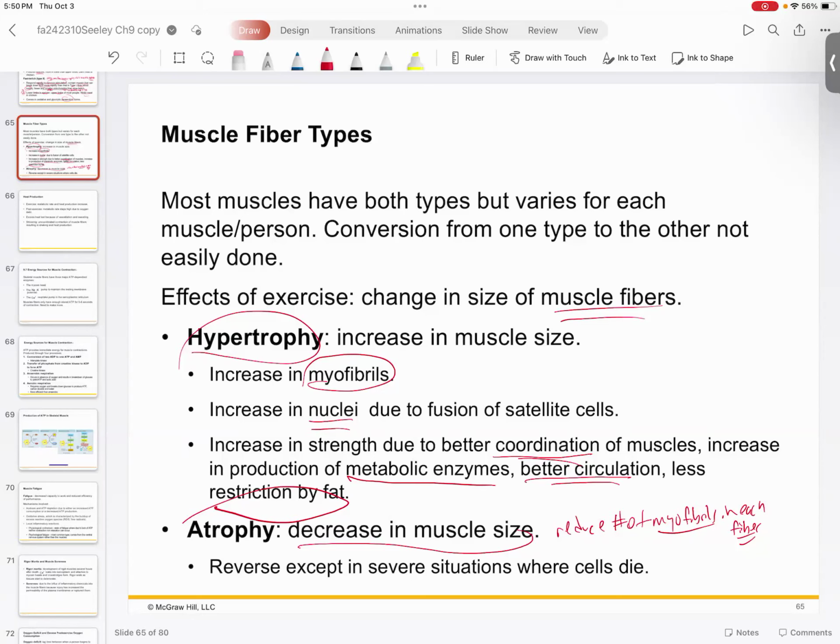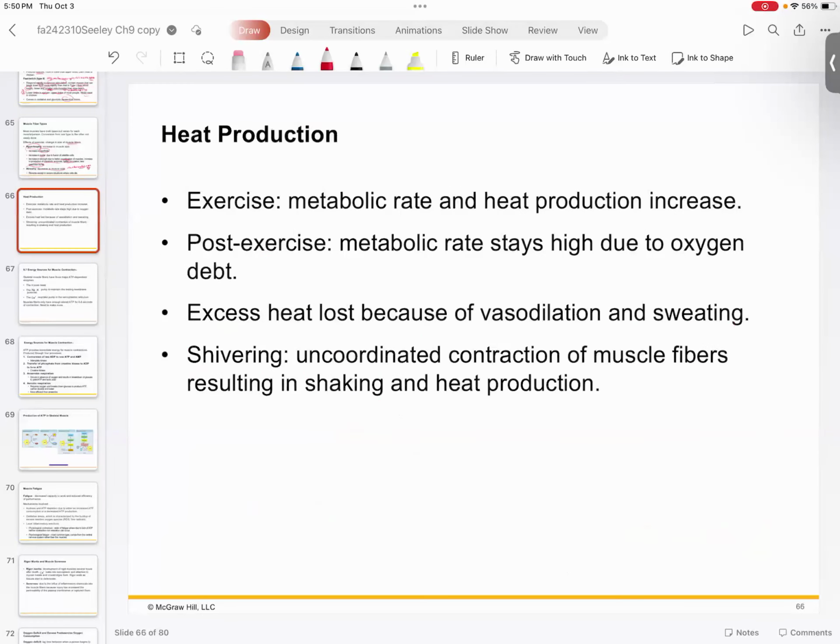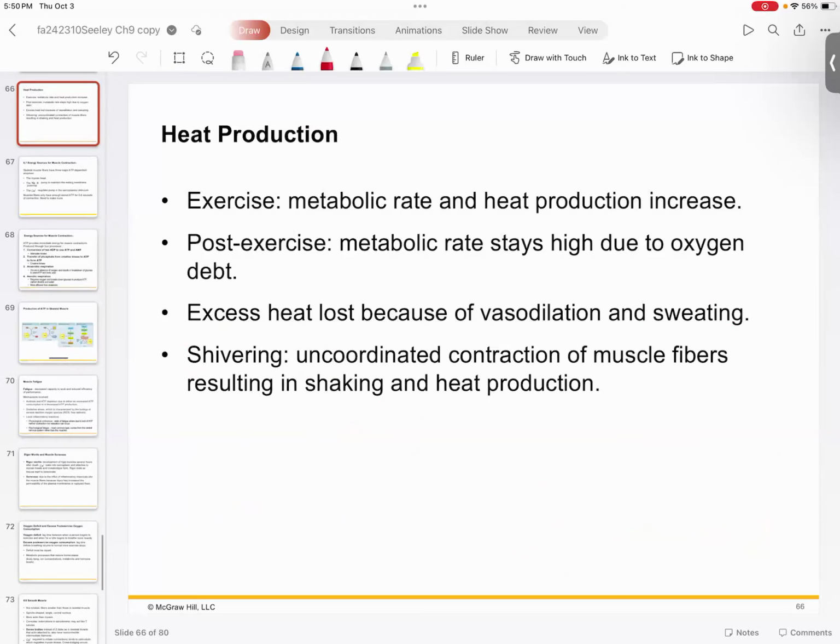For instance, men over the age of 40 will experience a much more challenging process of trying to maintain muscle mass, because physiologically they start to move into a state of muscular atrophy, where their muscles slowly start to reduce in size and in the number of myofibrils. Part of that, I'm going to recapitulate when we get to the end of the chapter and talk about the aging effects of the muscular system.